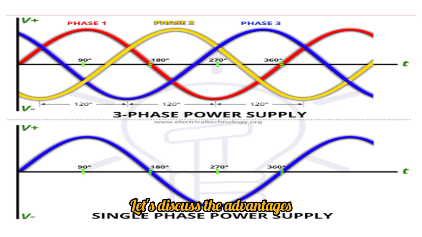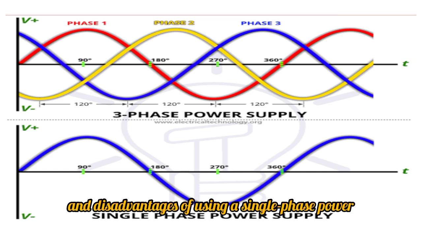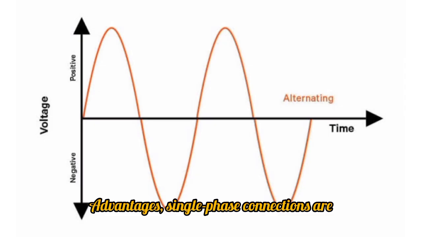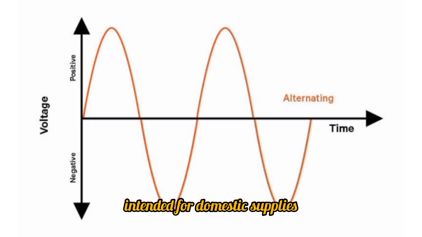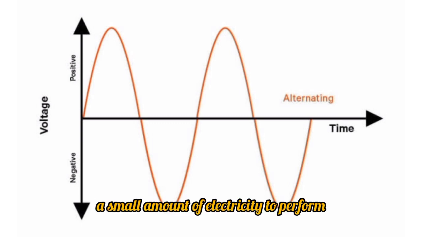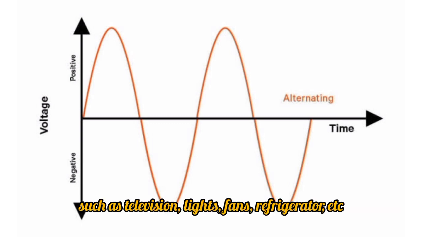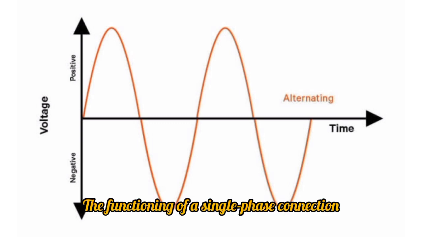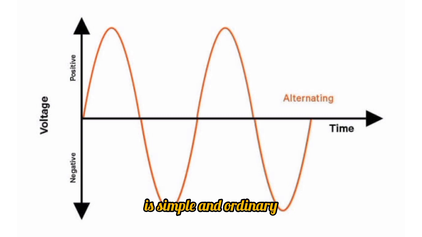Let's discuss the advantages and disadvantages of using a single-phase power. Advantages: single-phase connections are intended for domestic supplies and residential homes. That's because most of the appliances require a small amount of electricity to perform, such as television, lights, fans, refrigerator, etc. The functioning of a single-phase connection is simple and ordinary.